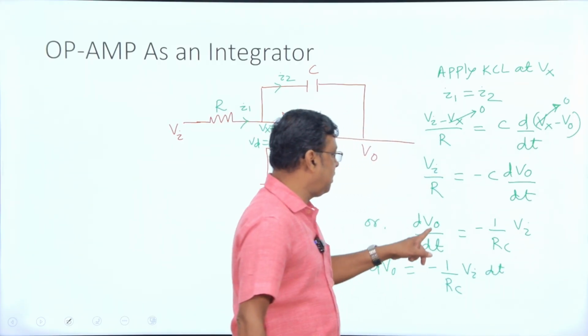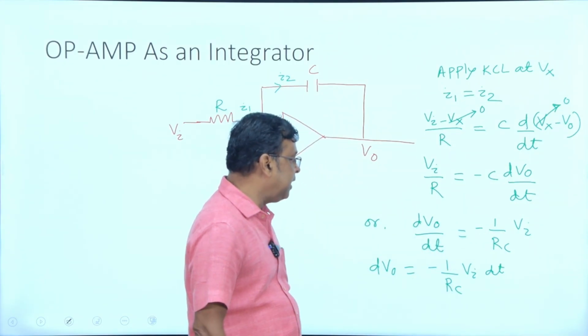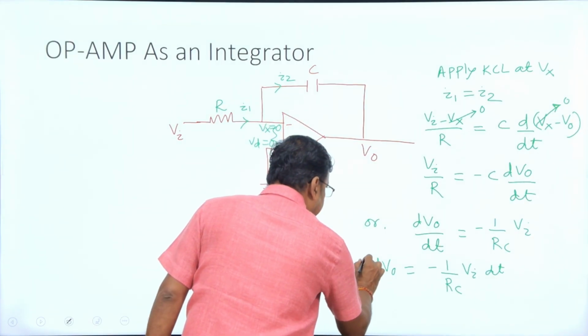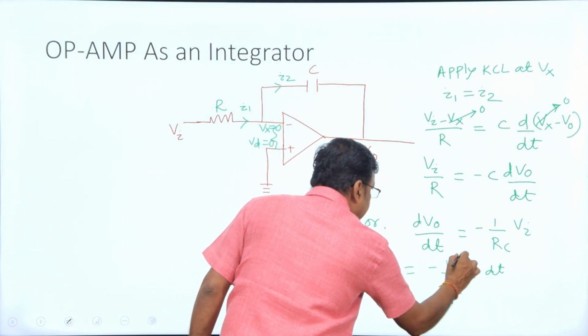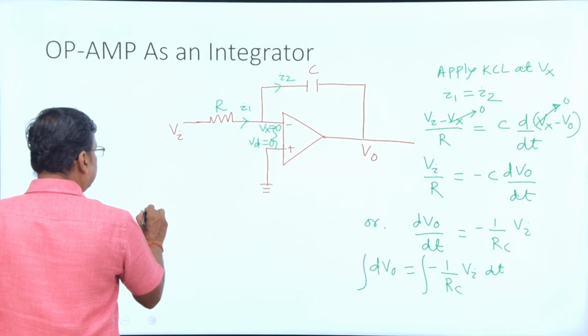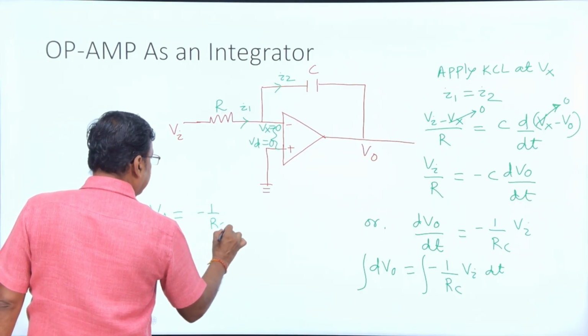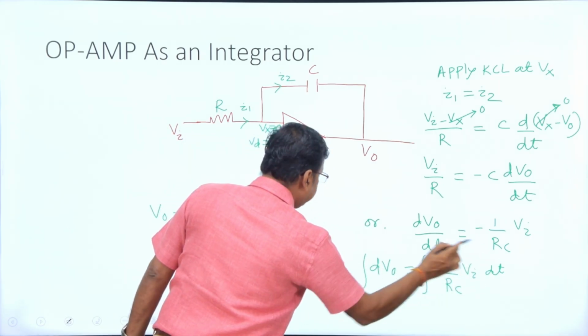Then integrating both sides, the integration of dV0 is V0. So V0 equals minus 1 by RC, which is a constant, times the integration of Vi dt.